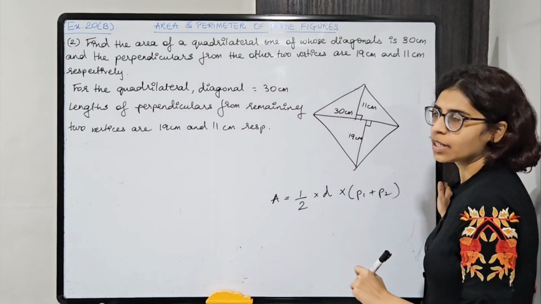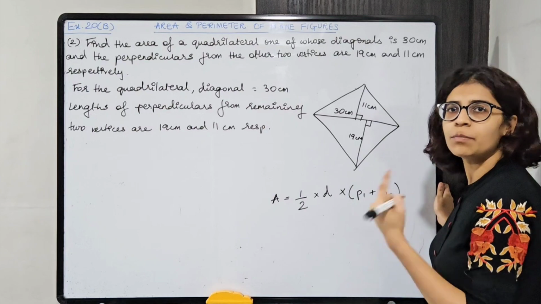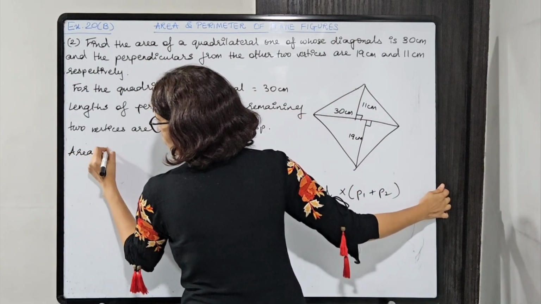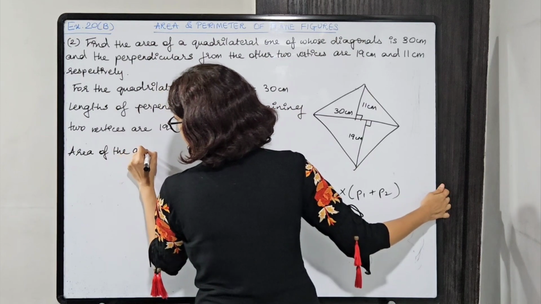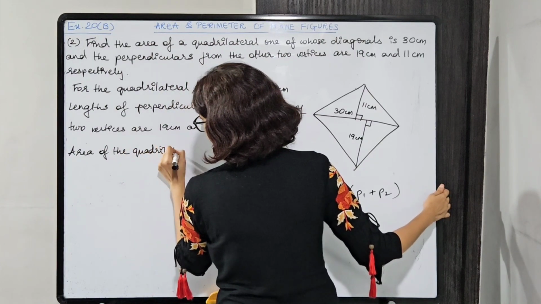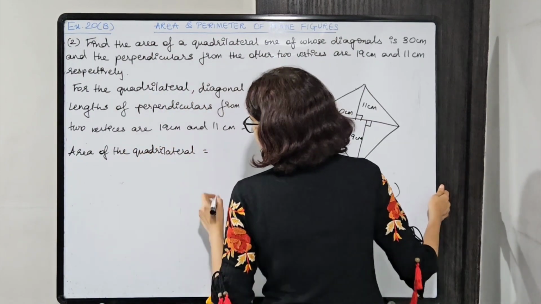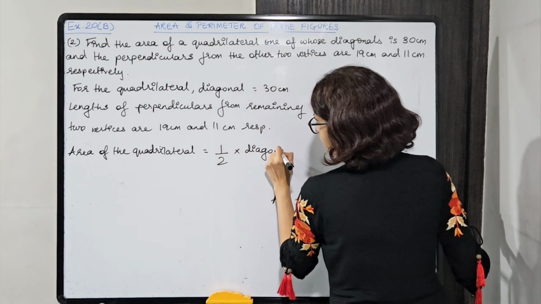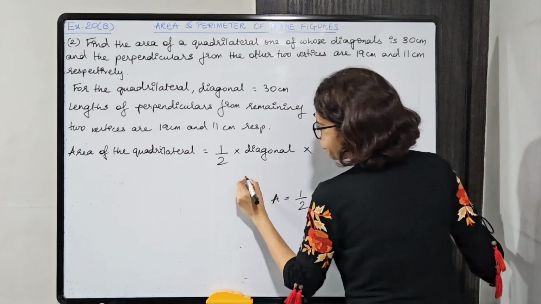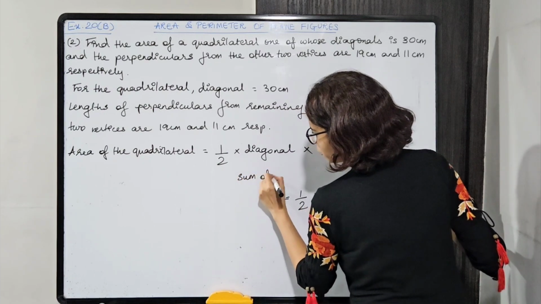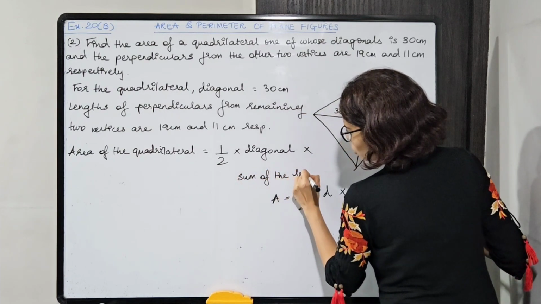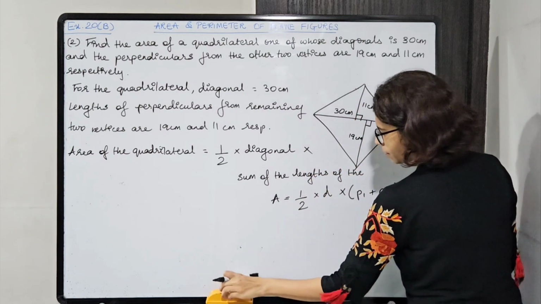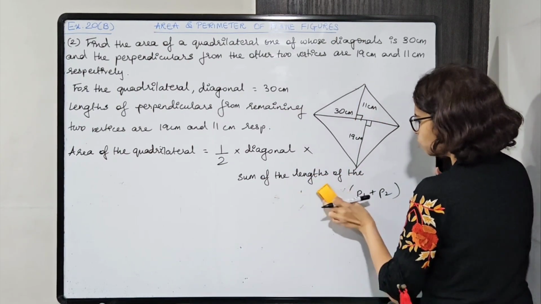Okay, write the given information, then apply the formula लिखना पड़ेगा पूरा. Area of the quadrilateral will be half into the diagonal into sum of the lengths of the perpendiculars from the remaining two vertices.